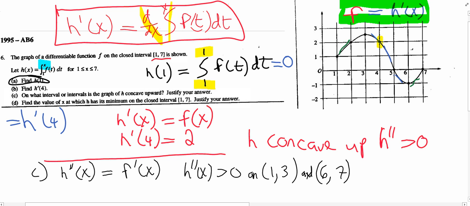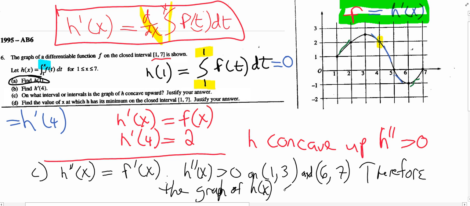Yeah, I don't think we need to talk any more about that one. I think we've justified it okay, other than the fact that we didn't actually write that it's concave up. We could say therefore the graph of h of x is concave up.